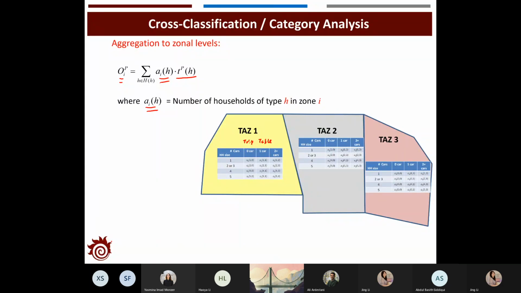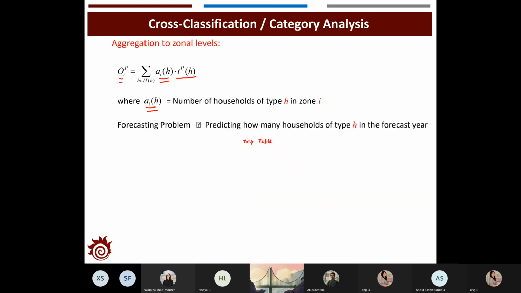So that is AIH. And if you do AIH times the TPH, you will be able to find out the total number of trips in each zone. So that's the way for you to find the aggregate number of trips in each zone.